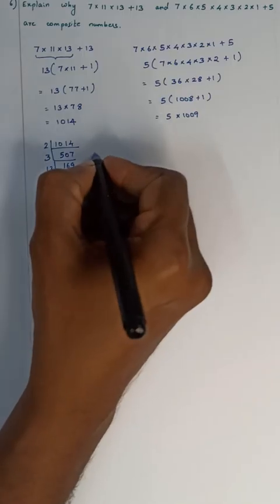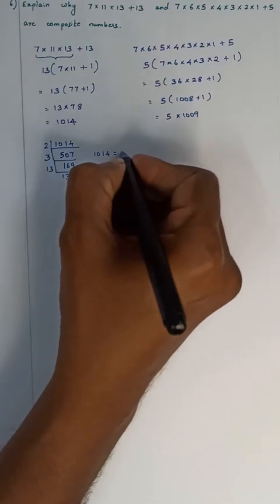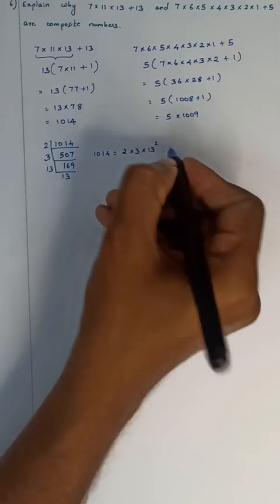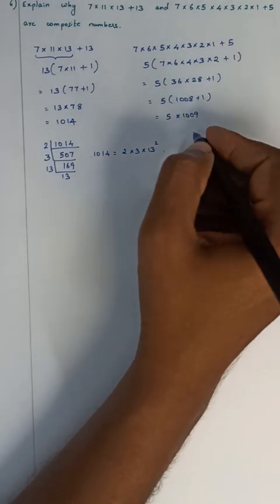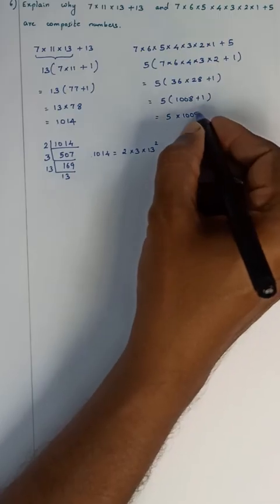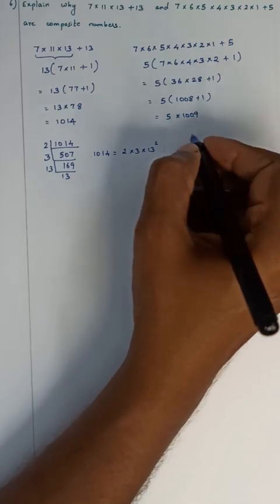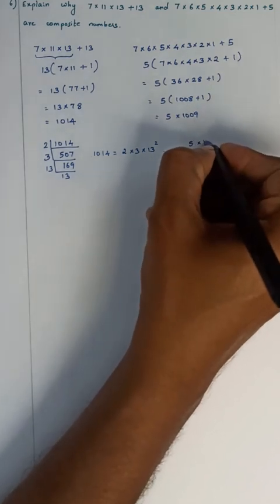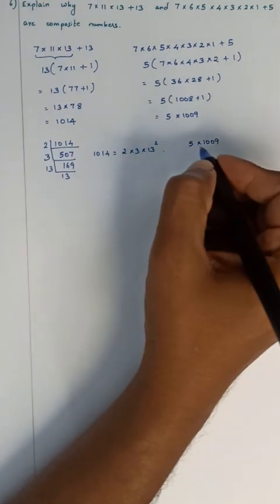So 1014 will be written as 2 into 3 into 13 power 2, and 1009 is a prime number, so this can be written as 5 into 1009.